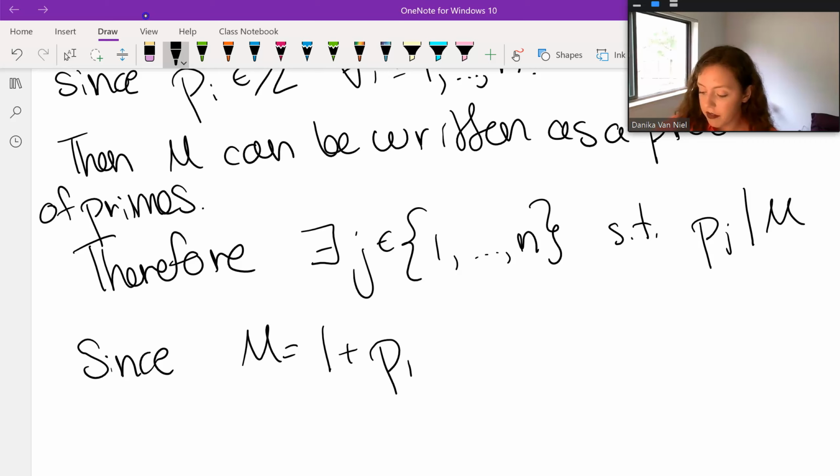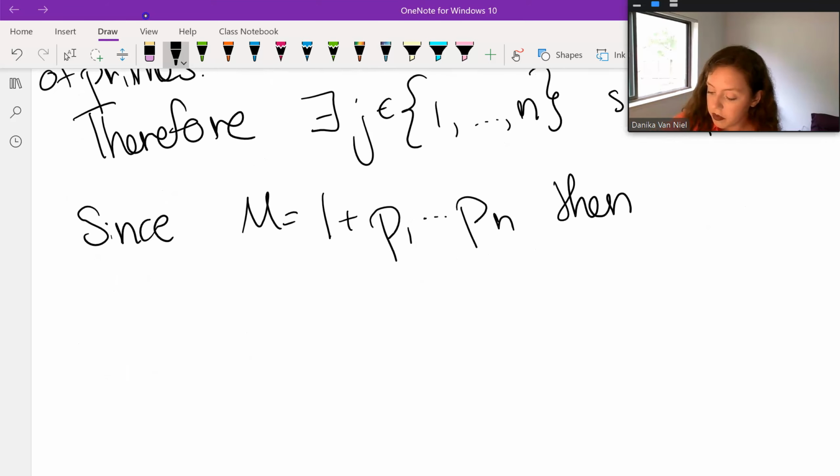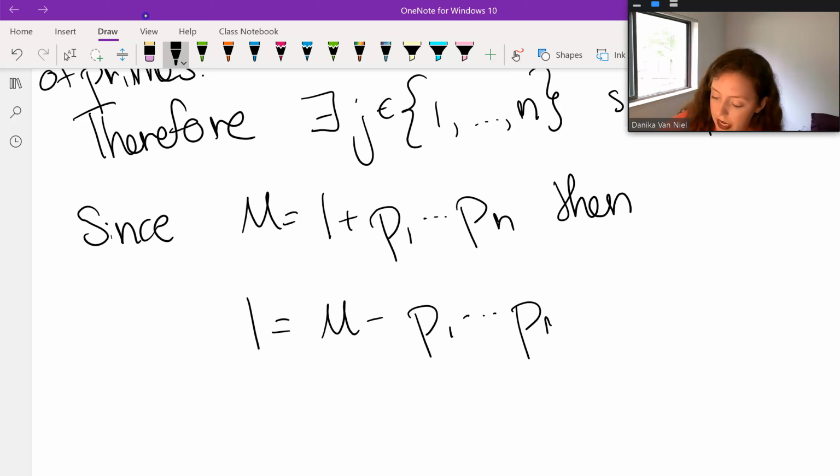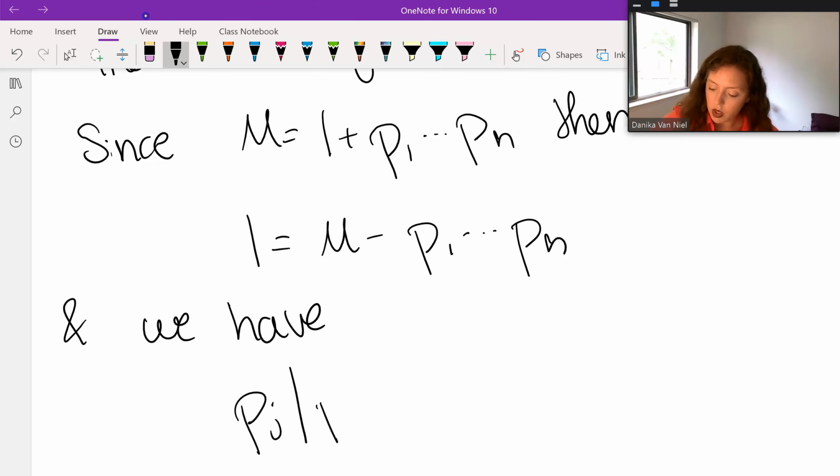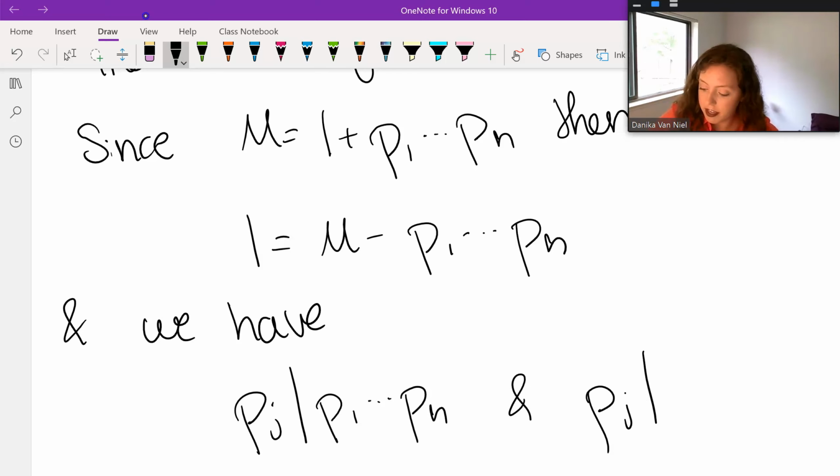So we have this from before. Then let's rewrite it with 1 on the left-hand side. So 1 equals M minus P1 through Pn. Now we have it written like this, and Pj divides this thing because Pj is in there, so it's a multiple of it, and Pj divides M from before.